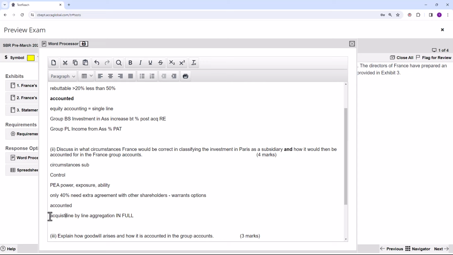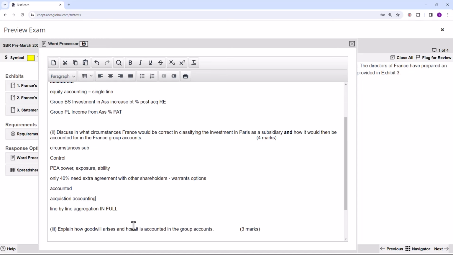I suppose the key phrase I should have used to begin with really is acquisition accounting. And acquisition accounting means you have a line by line aggregation in full of the sub's assets, of the sub's liabilities in the group statement of financial position, and of the sub's income and expenses.